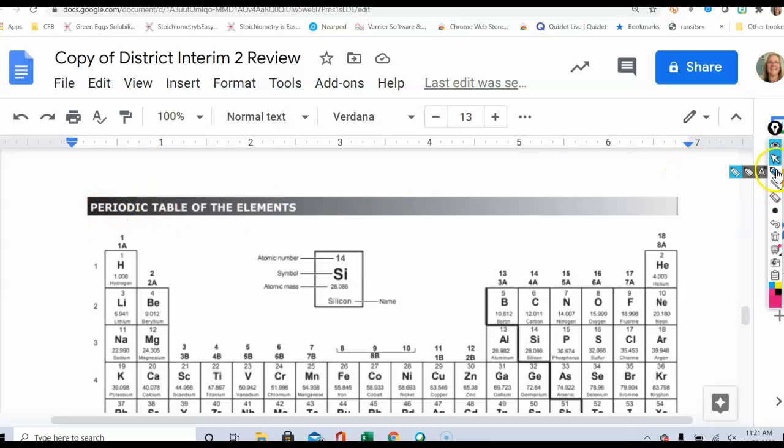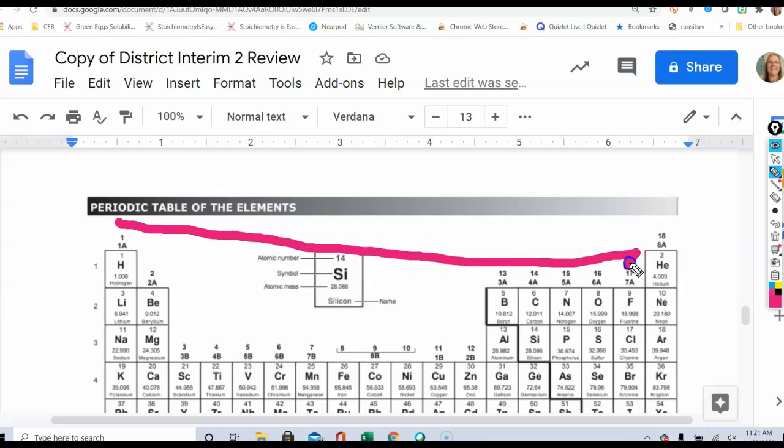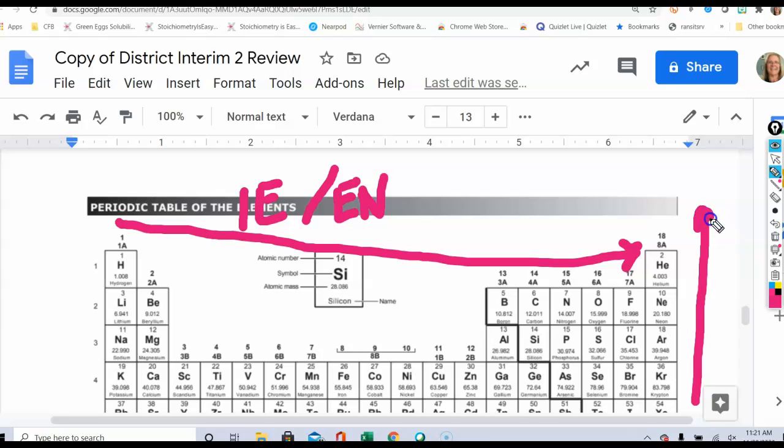So in this case, my periodic table has ionization energy and electronegativity increasing this way, and also increasing from the bottom to the top as well. Okay, so that was ionization energy and electronegativity.